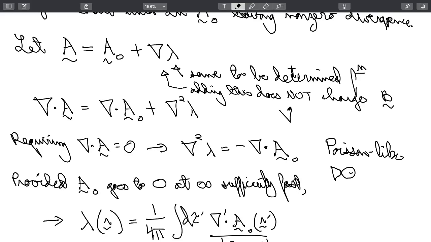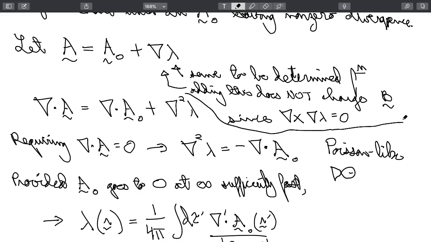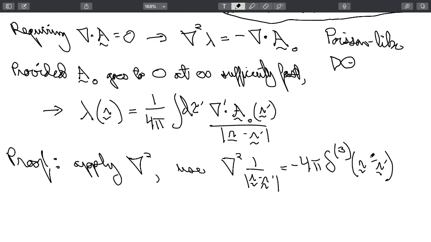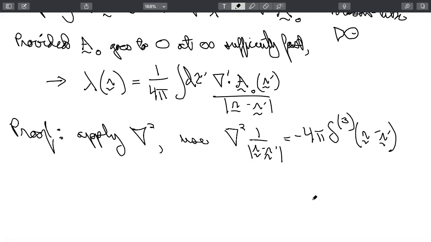Because the curl of a gradient is equal to 0. It's just a little side note. So I'm free to do that, and that's an example gauge choice. There are infinitely many gauge choices that you can make, but that's a particularly convenient one. There will be others.